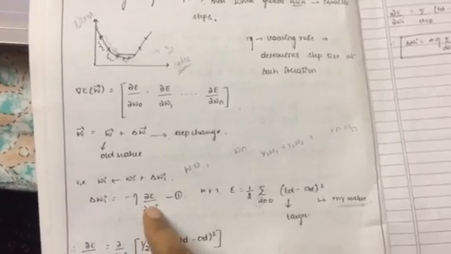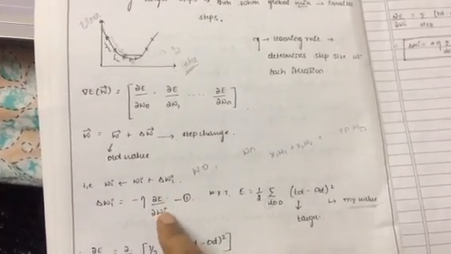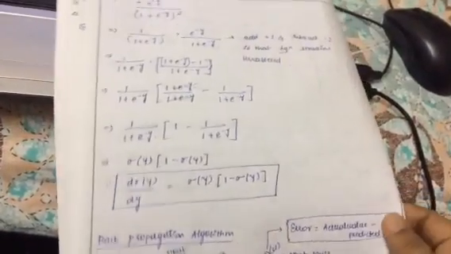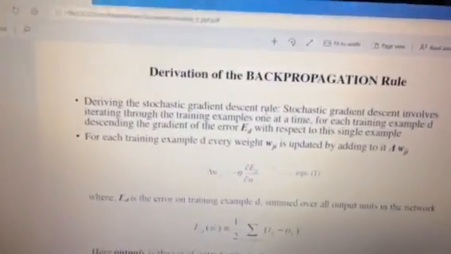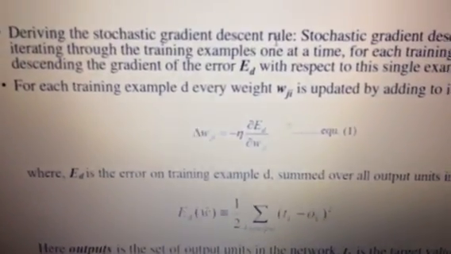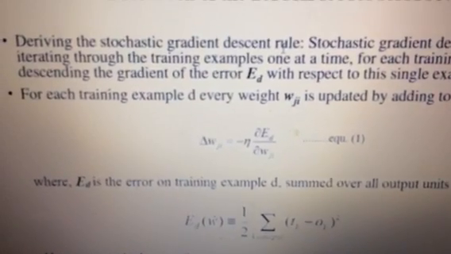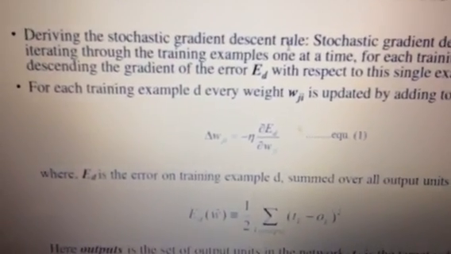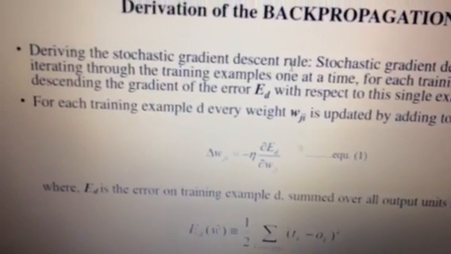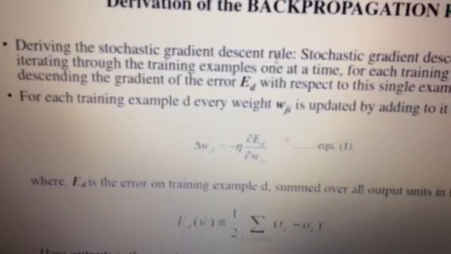The differentiation of the error with respect to Wi is nothing but the gradient descent. So here we are applying a stochastic approximation to gradient descent. Here we have considered a particular training example, that's why we have the differentiation for only one training example, so it is differentiation of Ed divided by wji.